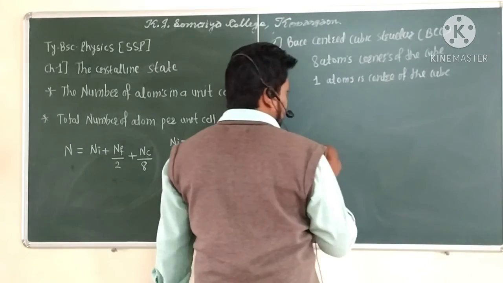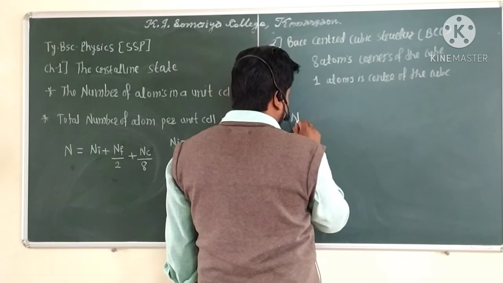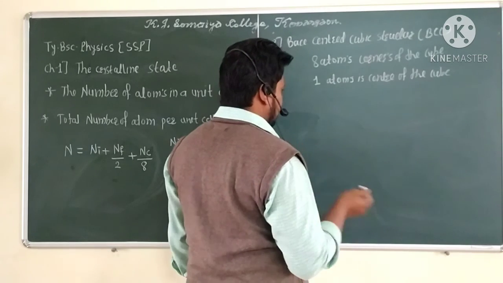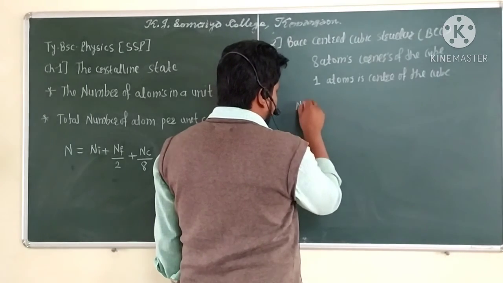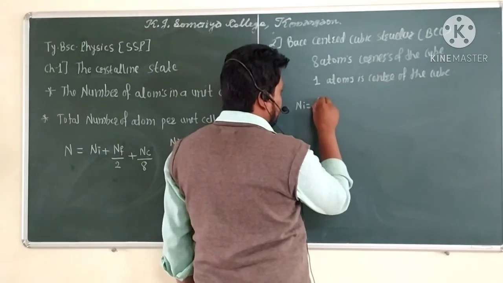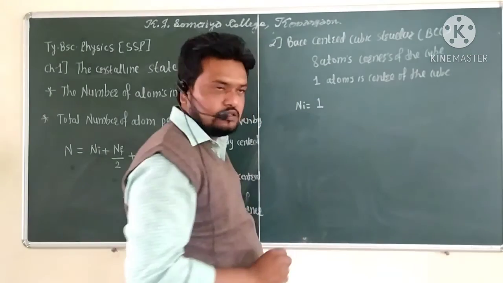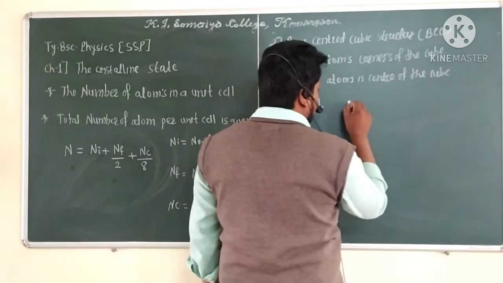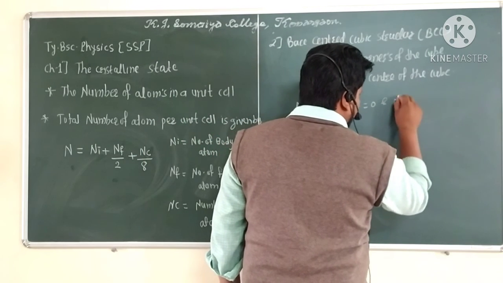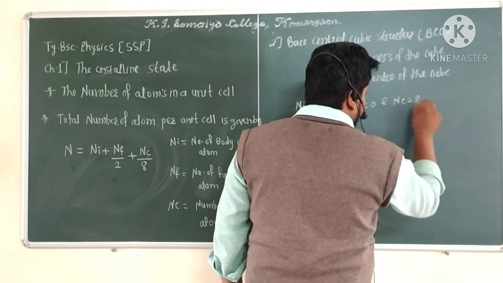So consider here, N is equal to Ni plus Nf by 2 plus Nc by 8. Here Ni, the number of atoms at the center of the cube, is given by 1. Nf is 0 and Nc is 8.